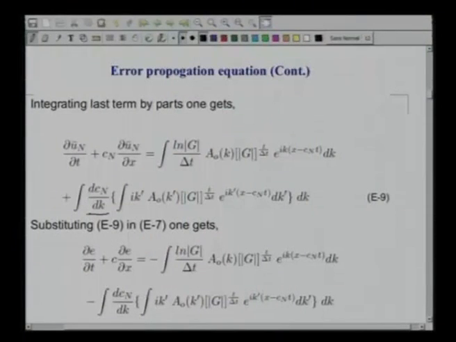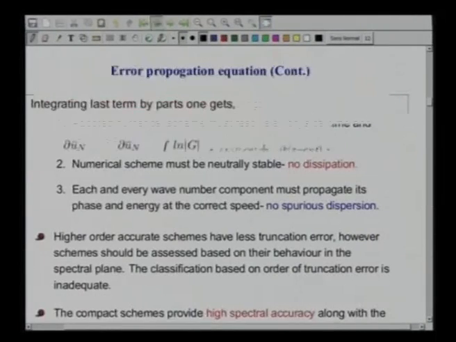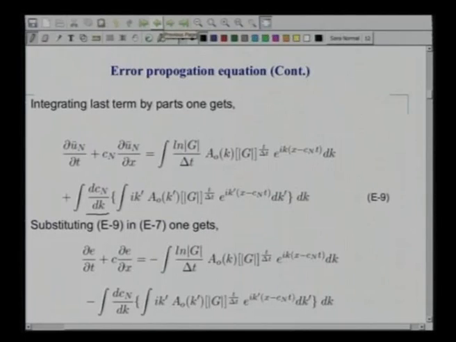It could be a function of the wave number itself, and if that is so, that term would be contributed by this last term given here in this equation E9. So, basically we are looking at this expression, and we can substitute it back for this set of terms in the error propagation equation, and we come out with this set of terms.